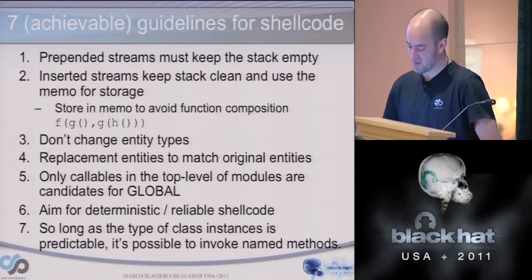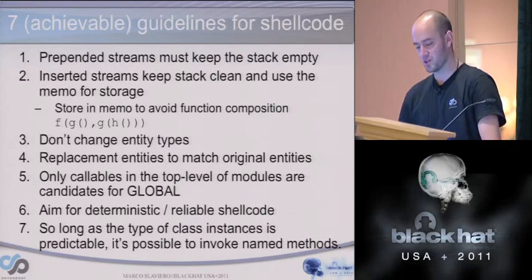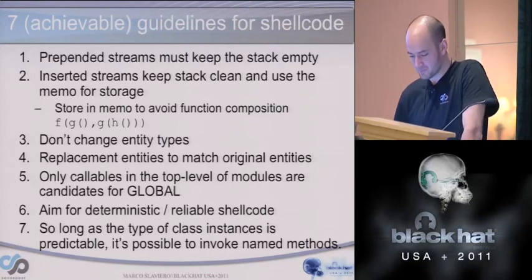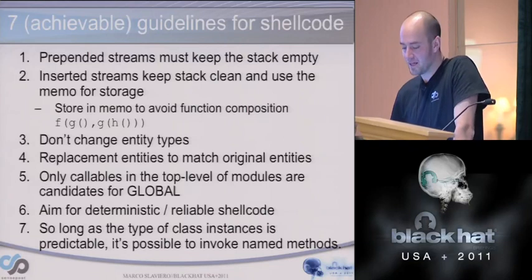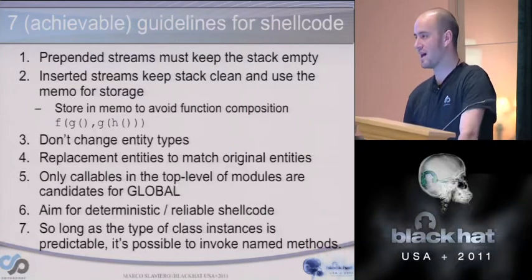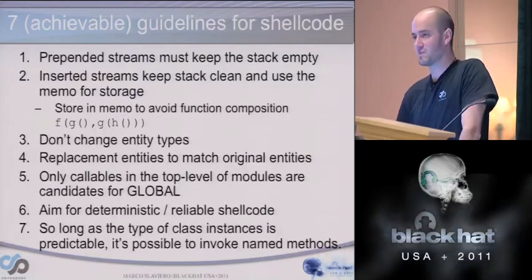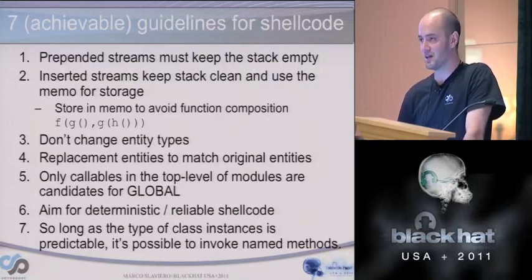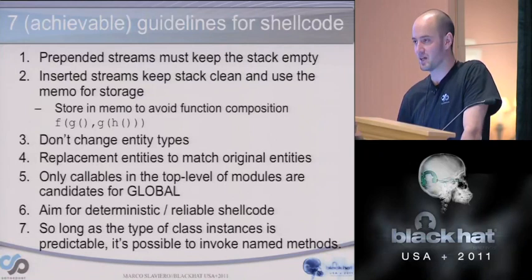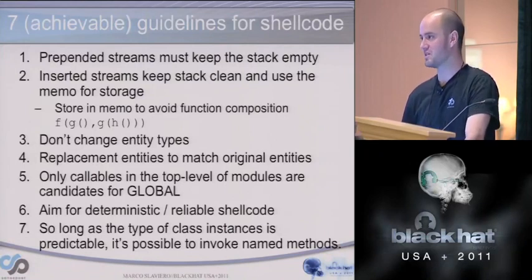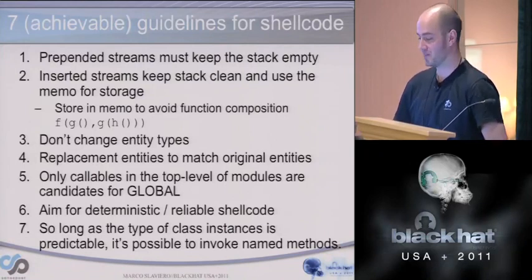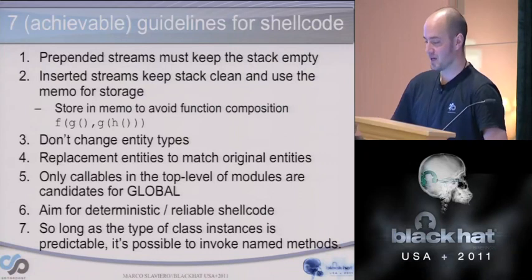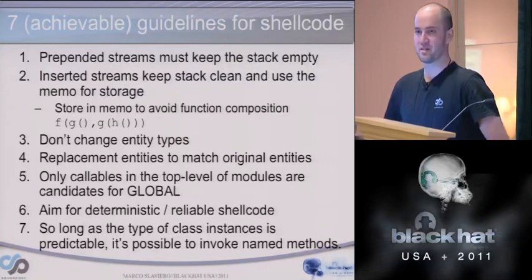I don't want to go through all of them. The one, though, that I do want to talk about, I'll talk about number 6. I'm aiming for reliable and deterministic shellcode. It's possible to write very simple shellcode that hard codes lots of values. So things like various network parameters, are they hard coded? If they are, then that would mean that they're specific to each operating system.